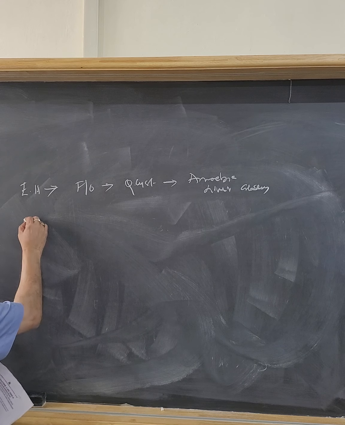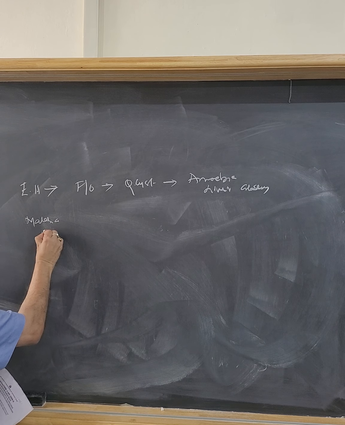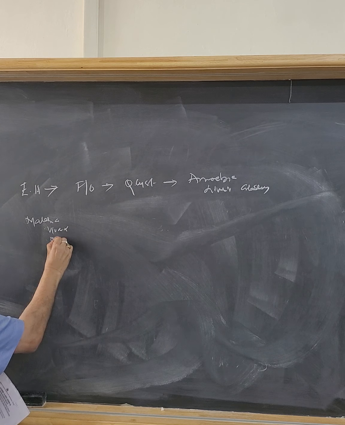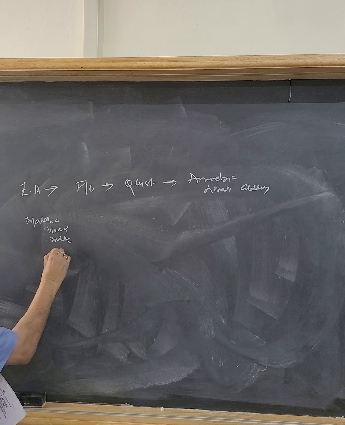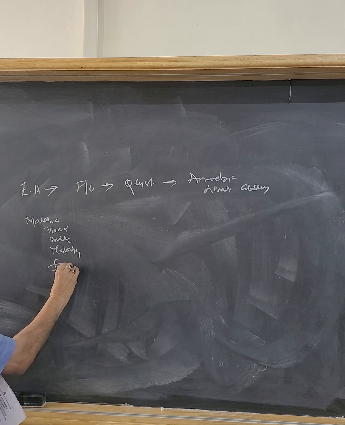Malaria is caused by 4 species: vivax, ovale, malariae, falciparum.